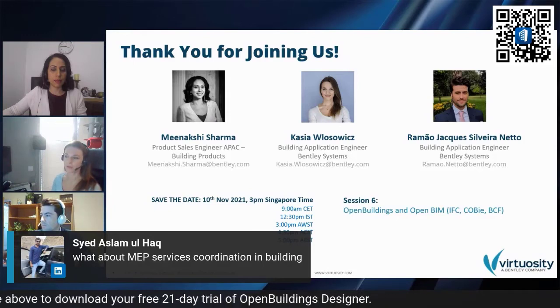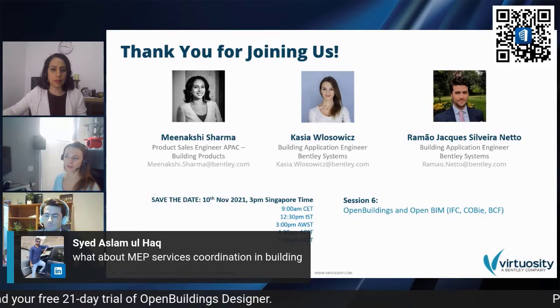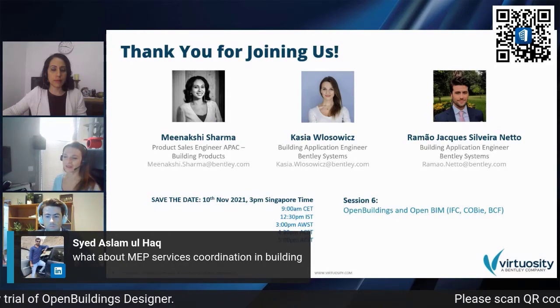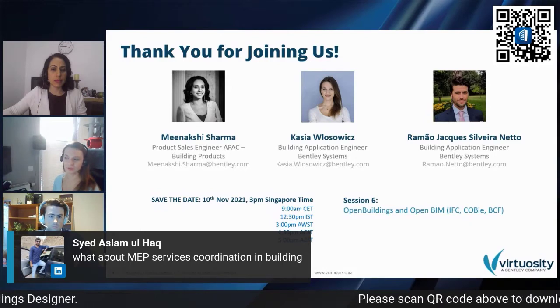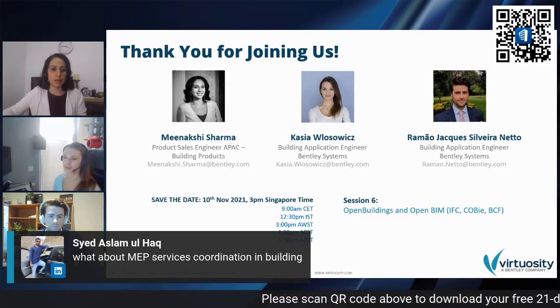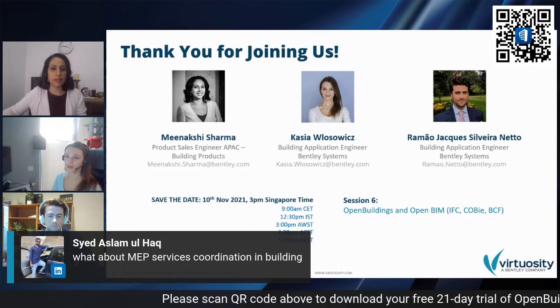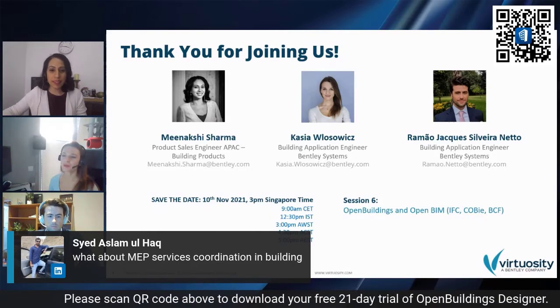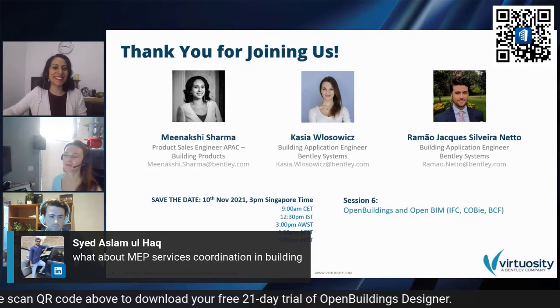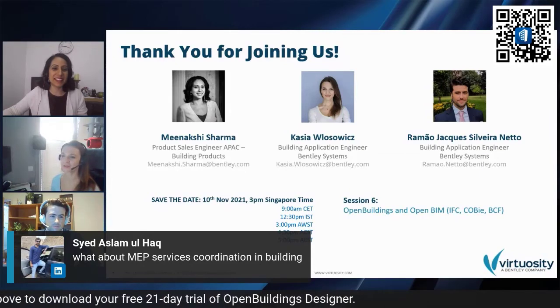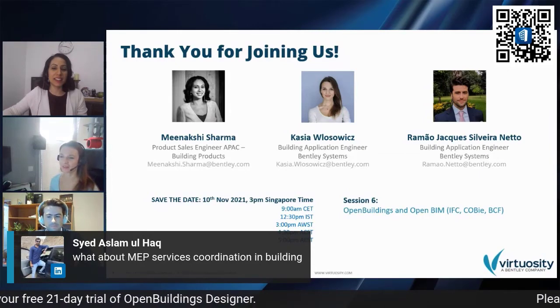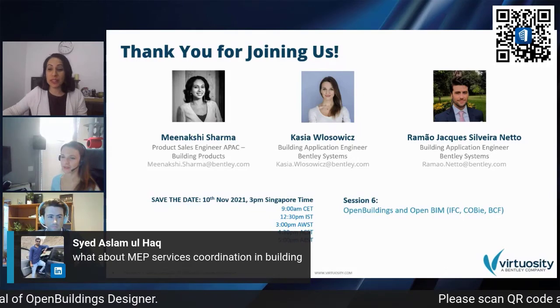So if there is something more specific, some specific situation, we can also hear about it, and I will try to answer that as well. I'm not an MEP specialist, also not an MEP specialist in OpenBuildings Designer, so it would help to see an actual situation like that.